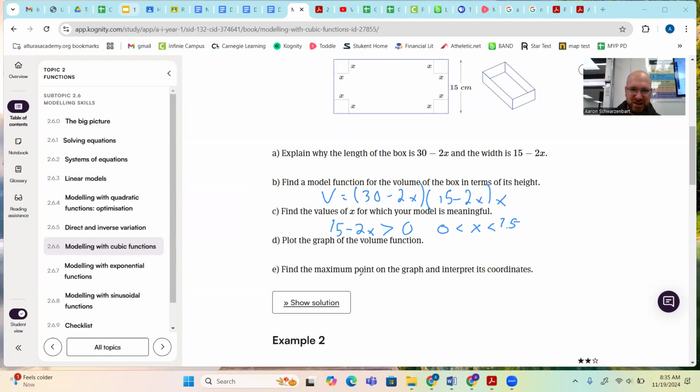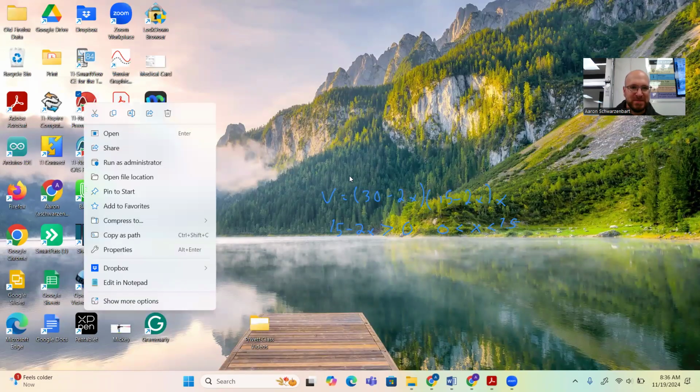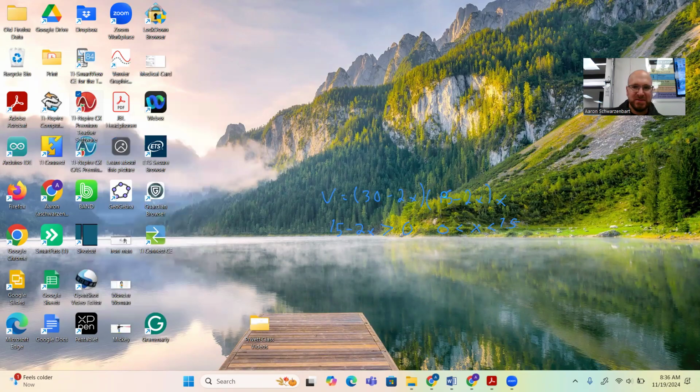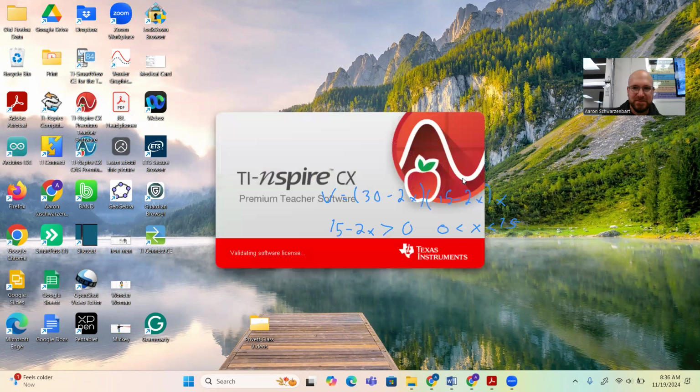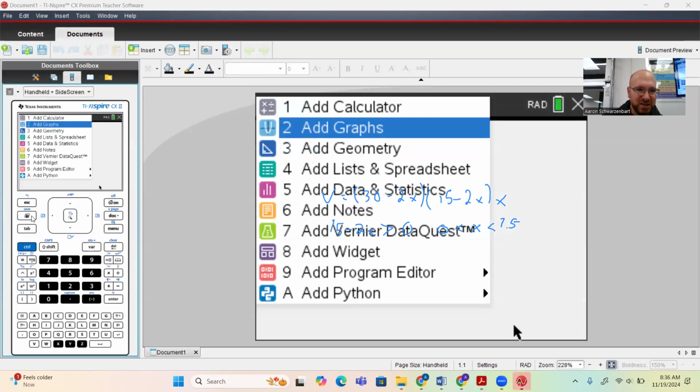Plot and graph the function and find the maximum point. So now is where we need to go to the calculator. And graph that. I'm just going to do a scratch pad.